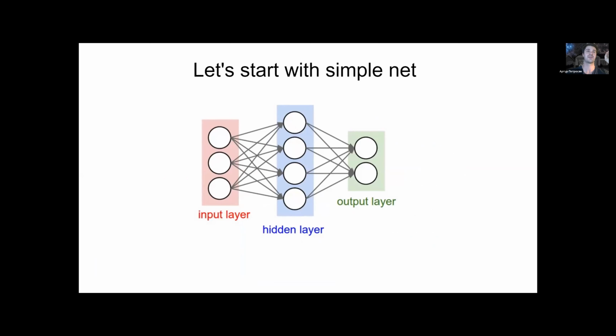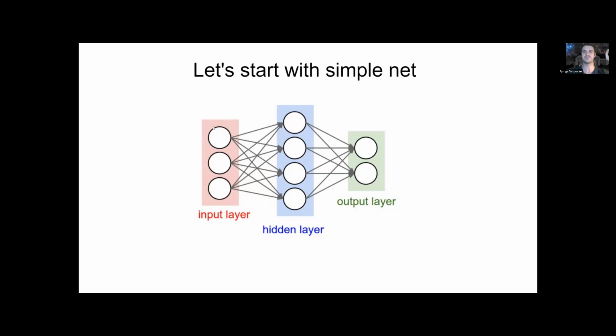Let's discuss it. We have some input layer which consists of 3 neurons. These are the white circles. We take these 3 neurons and linearly, I mean with some coefficients, transform them to one hidden neuron.